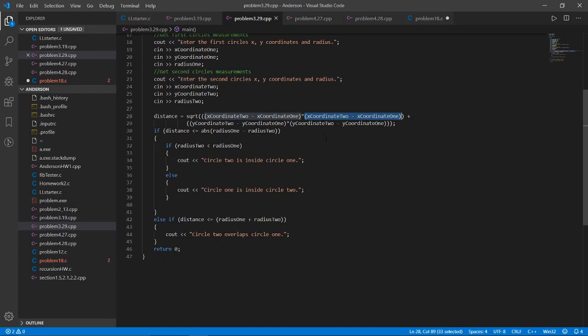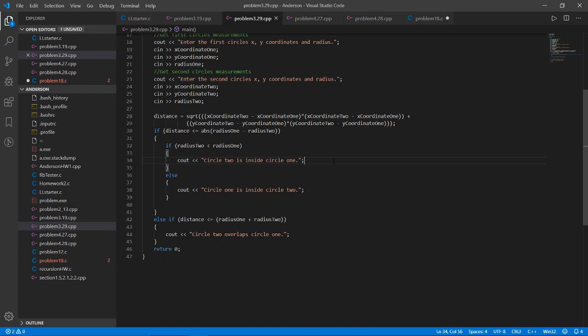So those are multiplied together, and then we need to add the same thing but for the y's now. So y2 minus y1 times y2 minus y1. And then we take the square root of all of that. That gives us our distance between the two centers of the circles.